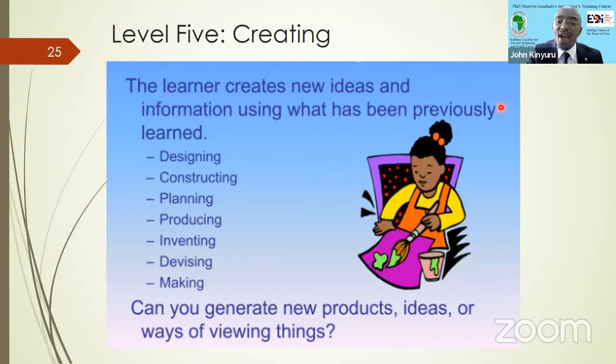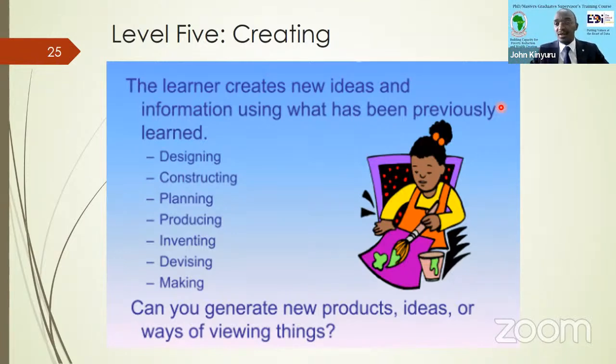This is the point where you really want to push your PhD. Not all of them are geared towards generating products, but they should at least reach a level where they can create ideas, they can create new structures, new planning methods, new ways of doing things, or ways of viewing things. Okay.